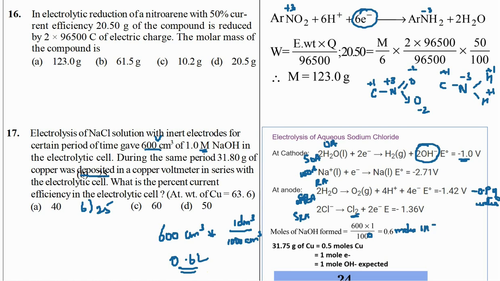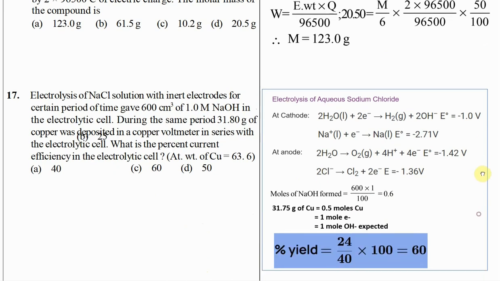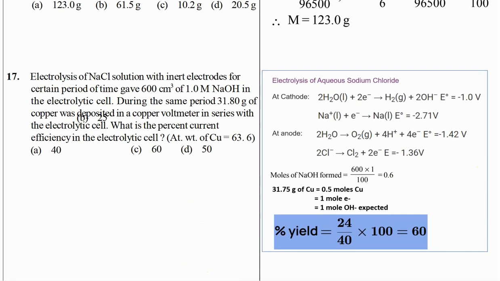Now we know the data. Let me clear it now. When you look carefully, they told you during the same period so much copper was deposited. So this is the amount of copper deposited, 31.80 or 31.75 approximated in the question.